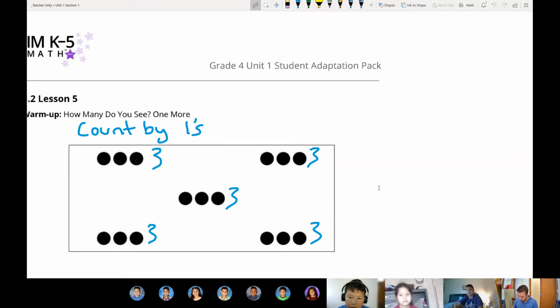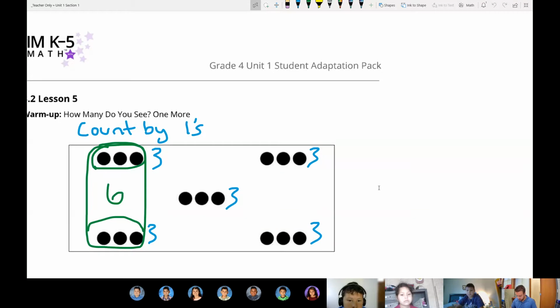Okay, awesome. So let me change my color here. Abisai, by the sounds of it, correct me if I'm wrong, but it sounds like you knew that this right here was 3, and this 3 right there gives you 6, and then you said, okay, this looks like a match over here.